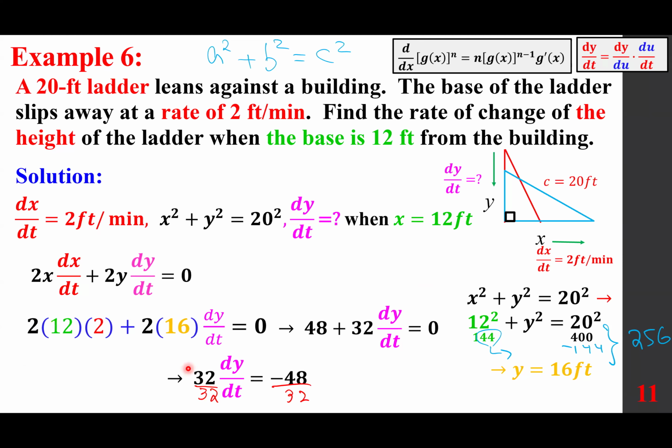Divide both sides by 32. So dy/dt is negative 48 over 32. Both numbers are divisible by 16. This becomes minus 3. This becomes 2. So dy/dt is negative 3 halves feet per minute, units of y over units of time.